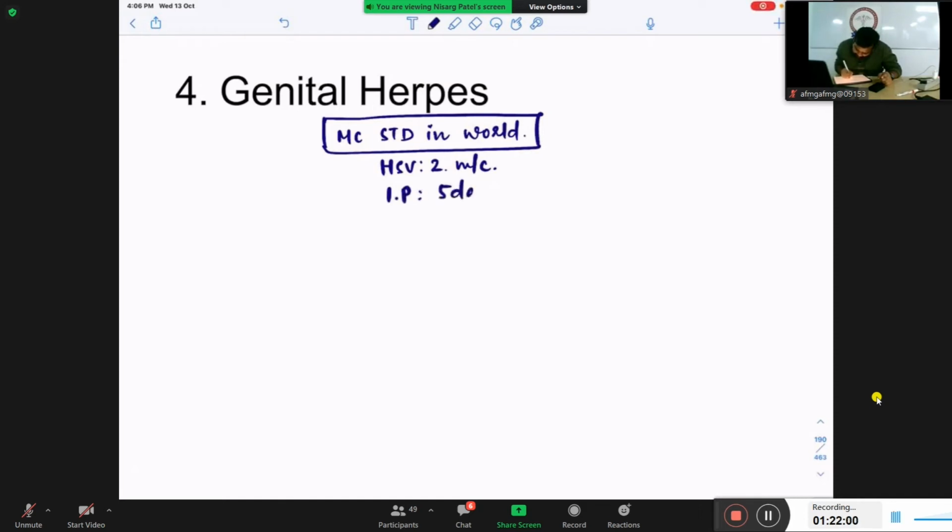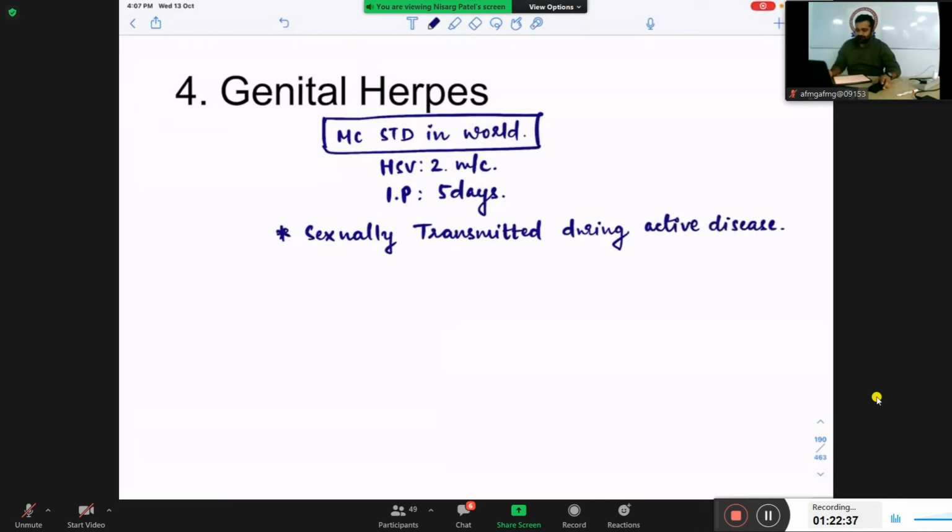Incubation period is around 5 days. This disease is sexually transmitted during the active disease.